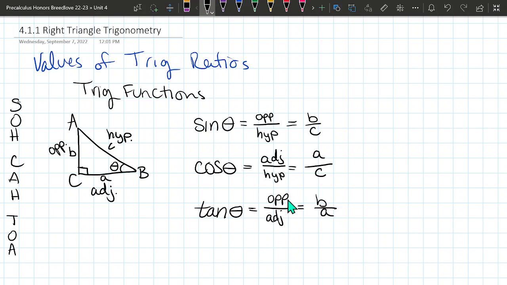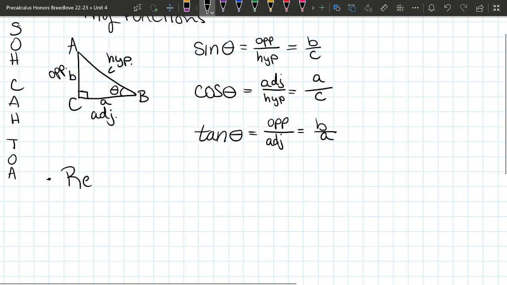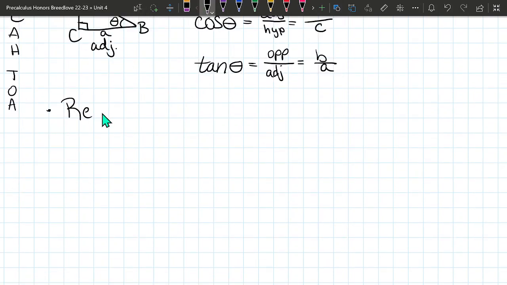I do have 3 more, but they're the reciprocal functions. So next is reciprocal. The reciprocal functions, just like anything else, if it's 1 over.